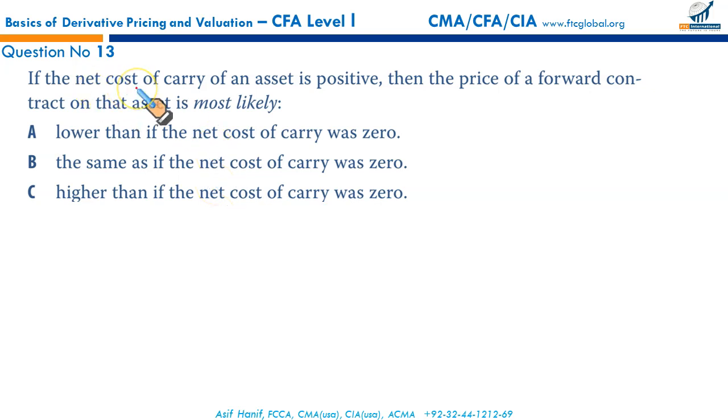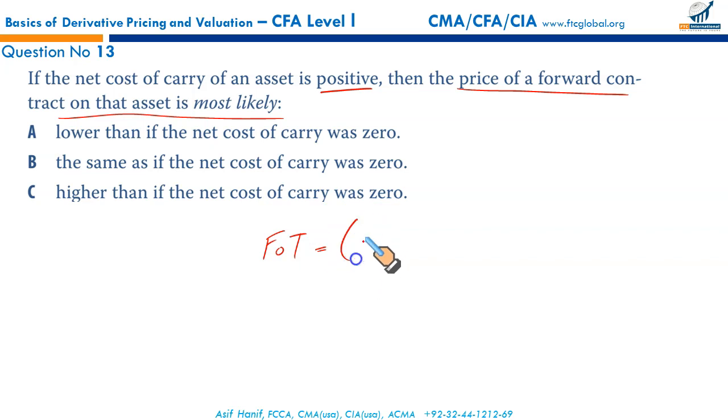If the net cost of carry of an asset is positive, then the price of the forward contract on that asset is most likely. We know the forward contract value can be calculated using this formula: spot minus any benefit plus any cost times the compounding factor.